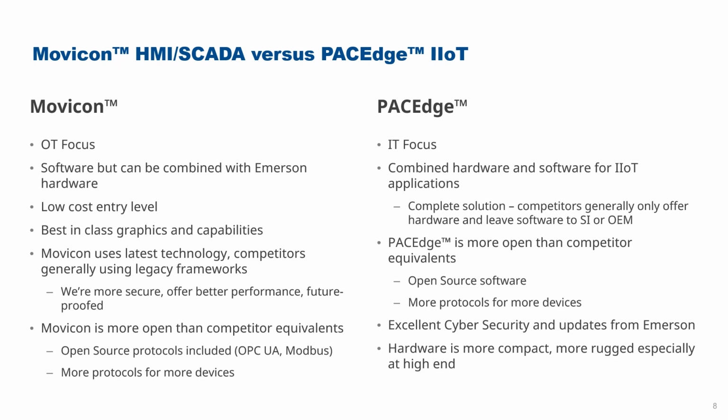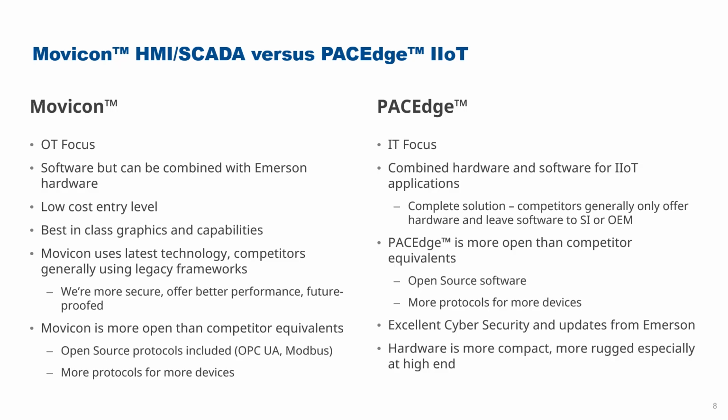With Movicon, this is software that can be combined with Emerson hardware. There's a nice low-cost entry level with small solutions, but it's very much focused on data collection and then best-in-class graphics capabilities to be able to do visualization. Movicon is based on the latest technology.